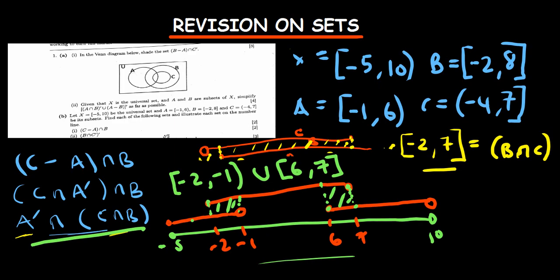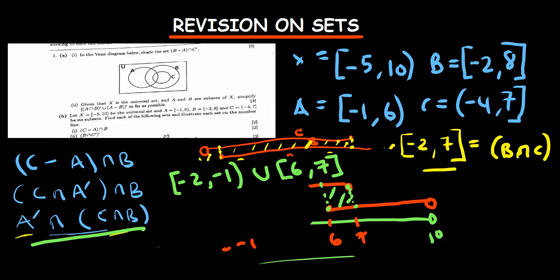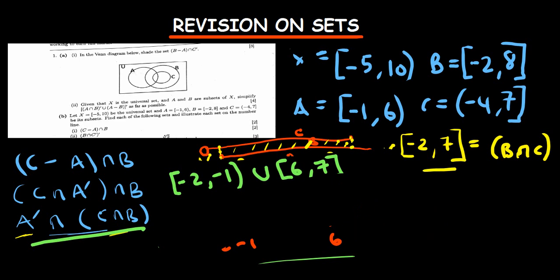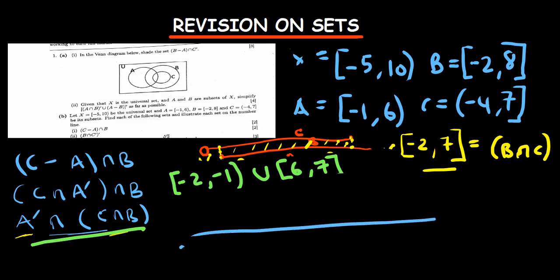Alright, how do I do that? I'll draw my line there. It goes from negative 5, closed there, and open at 10.